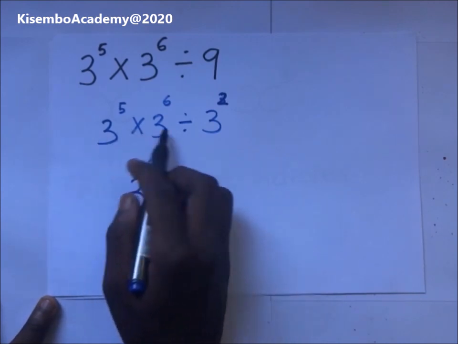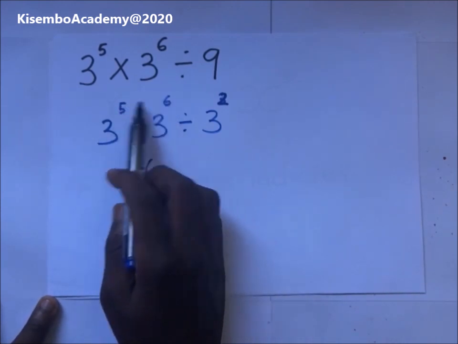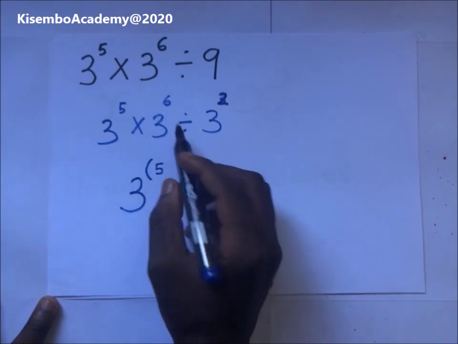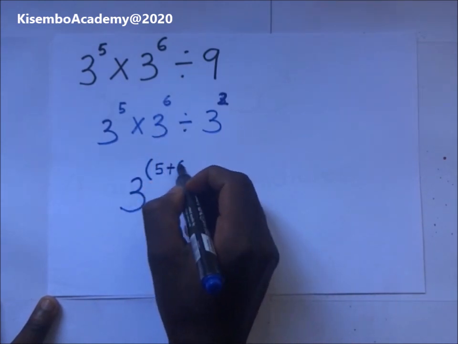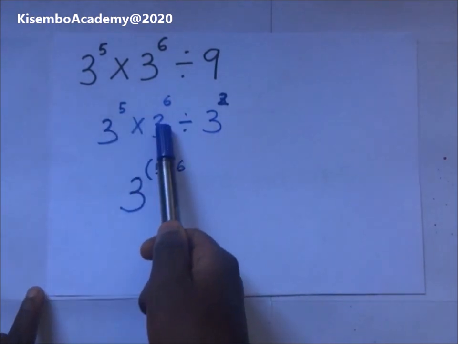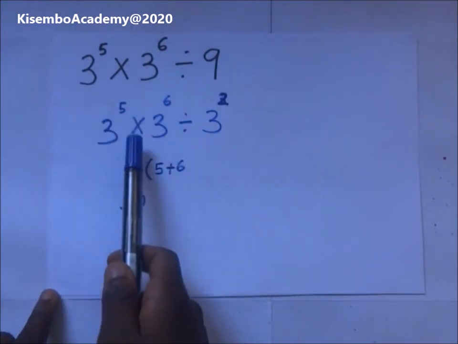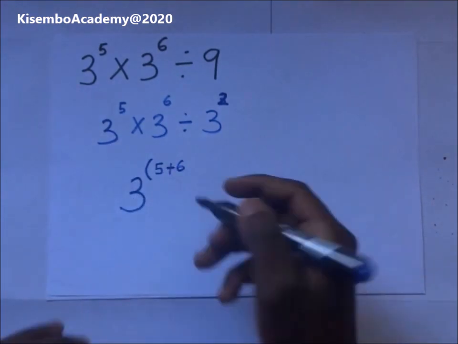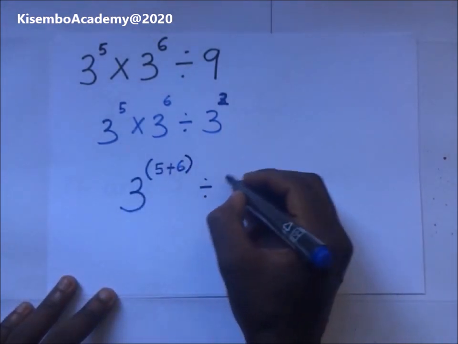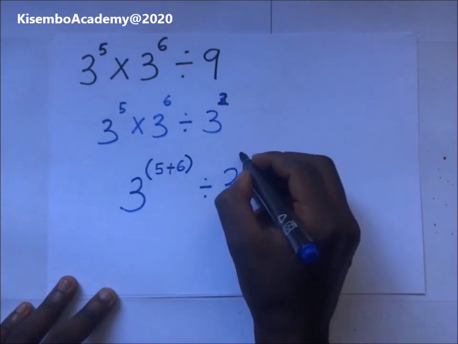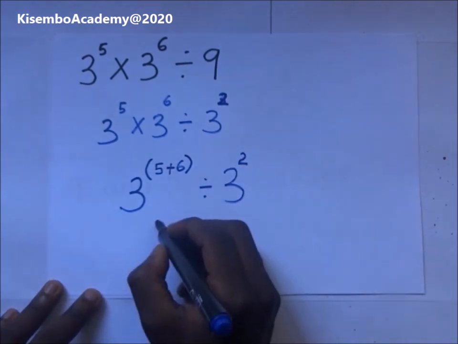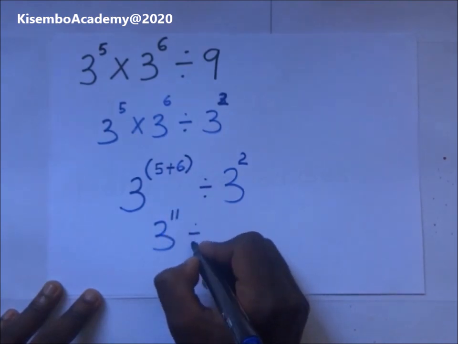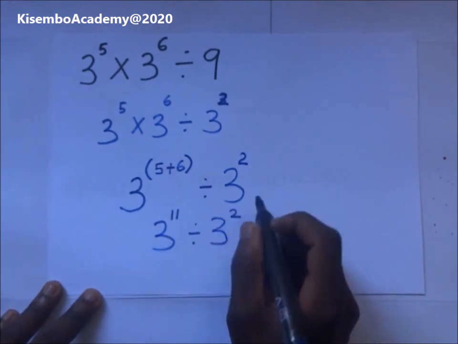With this multiplication, we first add the powers because it's multiplication of indices, which is 5 plus 6, divided by 3 to the power 2. So this becomes 3 to the power 11 divided by 3 to the power 2.